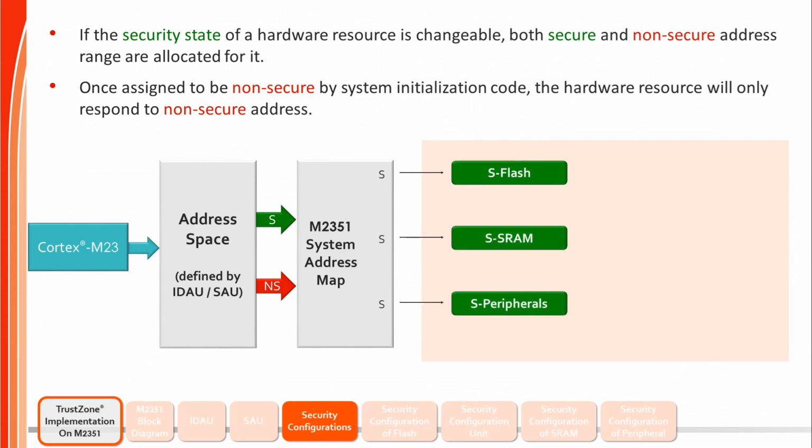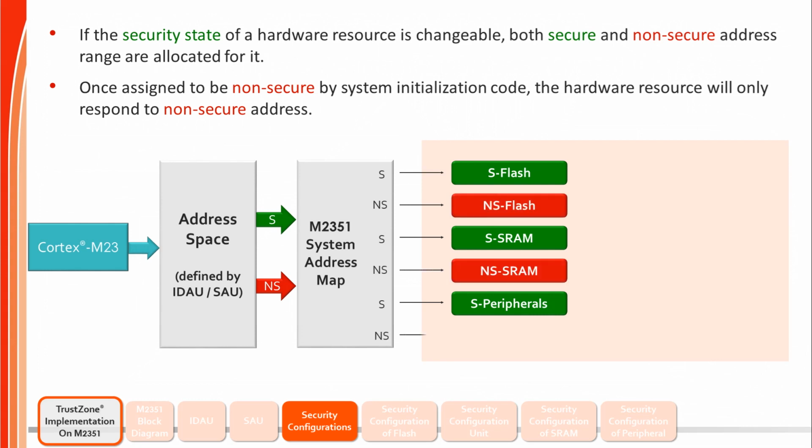A secure address range is allocated for each hardware resource, but if a hardware resource can be changed to be non-secure, a non-secure address range is also allocated for it. These two address ranges have the same address value except for bit 28.